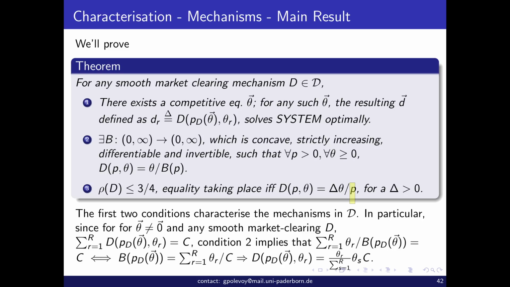Now, since for non-zero vectors and any smooth market clearing, the sum of those shares has to be exactly C. Condition 2 implies you can just replace D with theta divided by B of P. And then it means that B of P has to be the sum of theta divided by C. And the share you get is theta divided by B of P. When B of P is this, it's basically theta divided by the sum of theta times C.